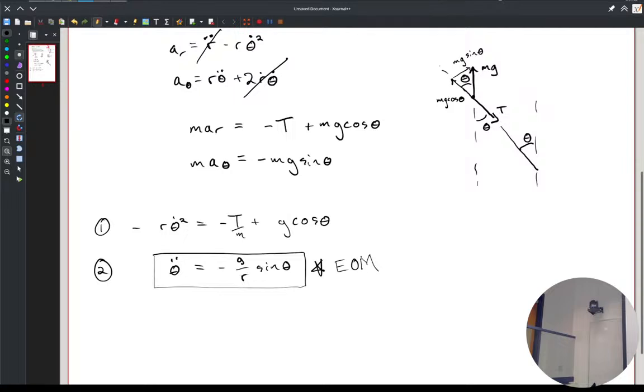You have all three of those values. So you can plug in theta dot and solve for T. So T is now a function of theta dot and theta. Because we don't know what the tension is until we know how fast it's moving and where it is.